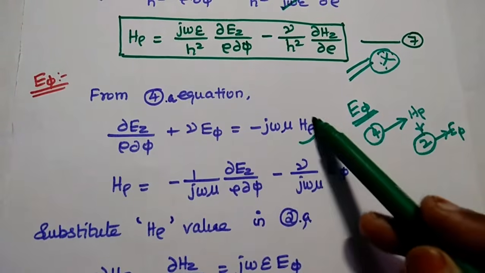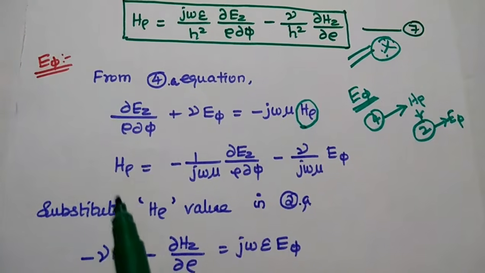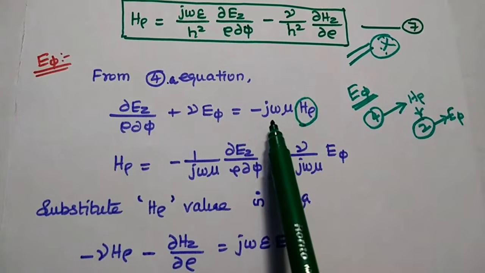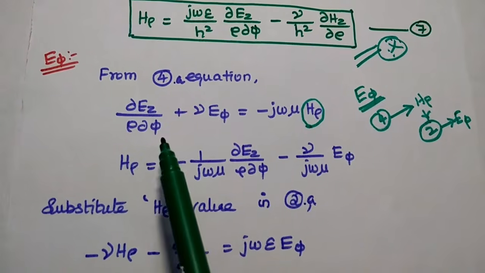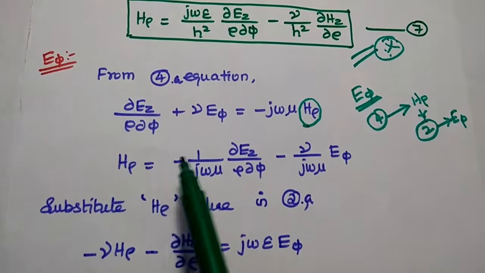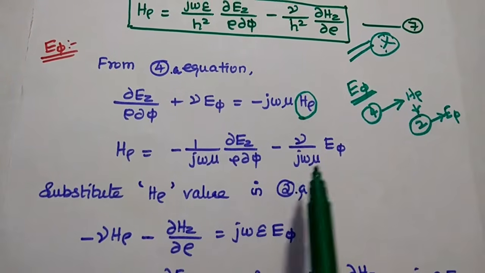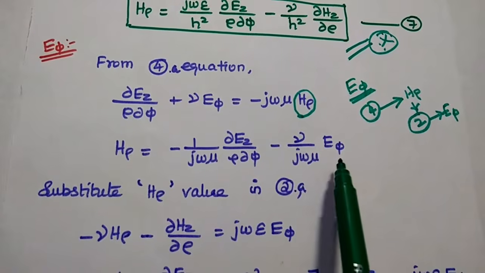So from this we can get the value of this Hρ. Hρ is equal to -1/(jωμ). So this term becomes 1/(jωμ) on this side. Correct? So ∂Ez/ρ∂φ - γ/(jωμ) Eφ.